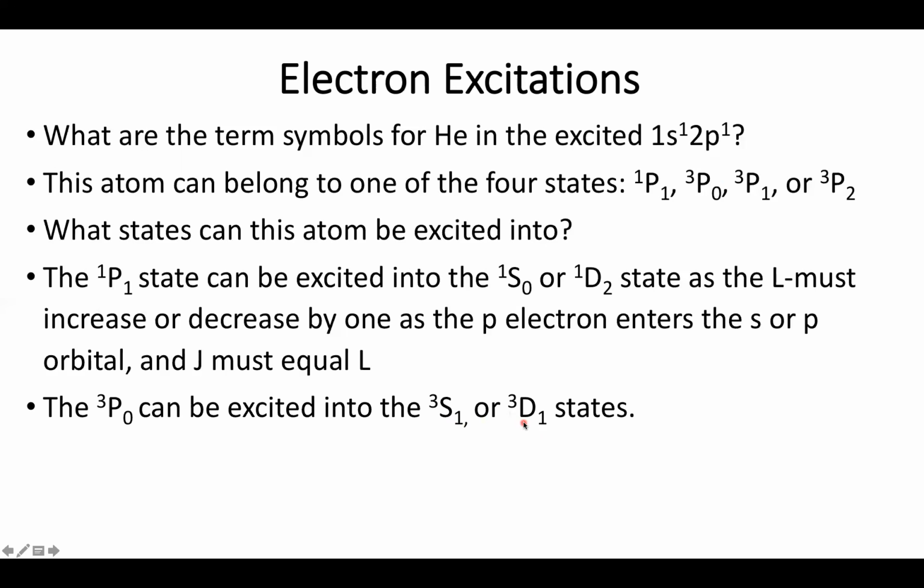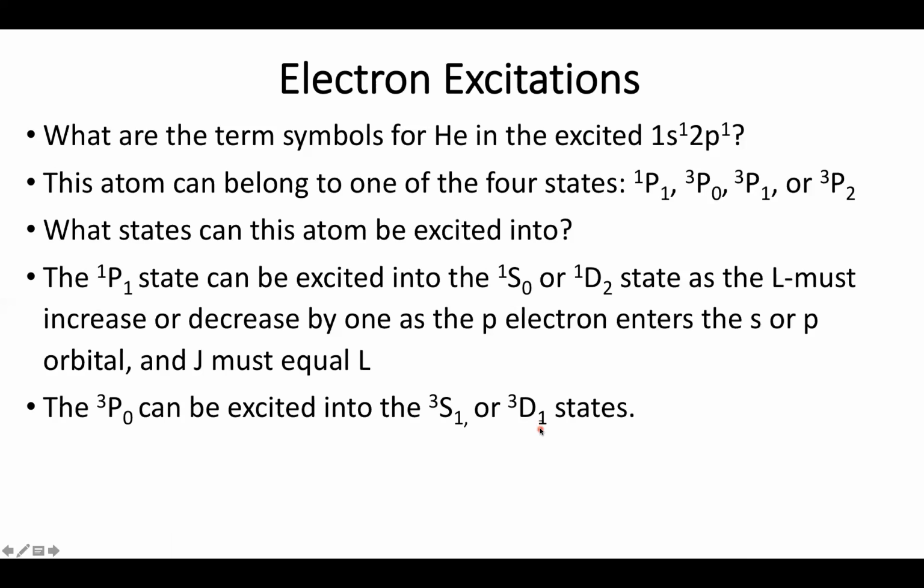Now, at this point, we note that if I have a J value of 0, the J can't stay the same, so it must increase. So my only possibility is a triplet S with a J value of 1, which again makes sense because J has to equal S if L equals 0.